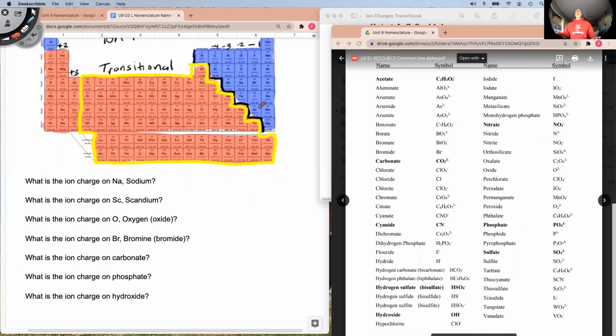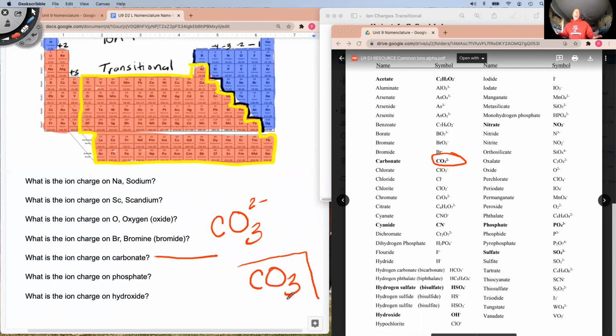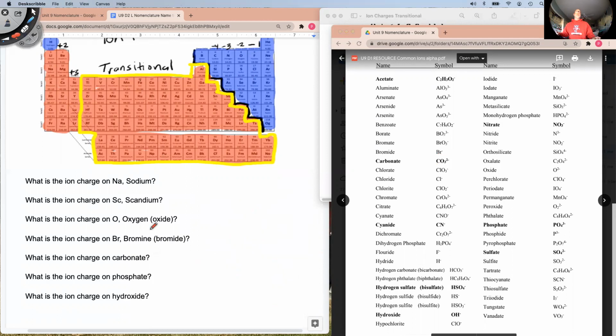And voila, carbonate is sitting right here. Carbonate is a carbon with 3 oxygens and an overall charge of 2-. Another way to write that would be CO3, and this entire CO3 has a 2- charge. The 2- isn't just on the oxygen or the carbon, it's on the entire thing. So carbonate is CO3 with a 2- charge: 1 carbon, 3 oxygens, 2-.